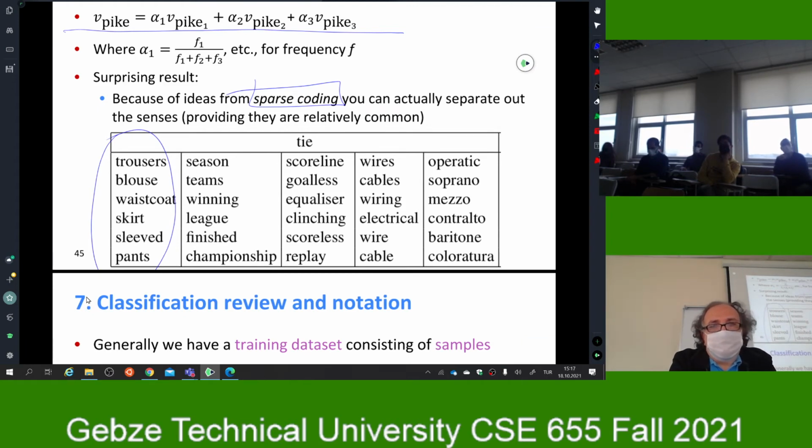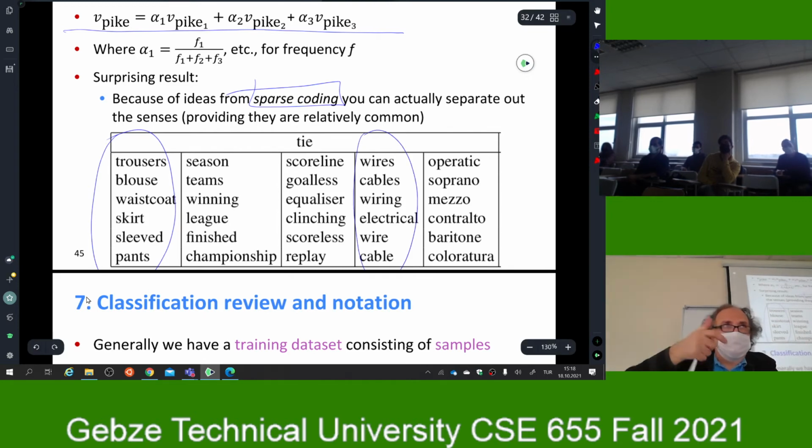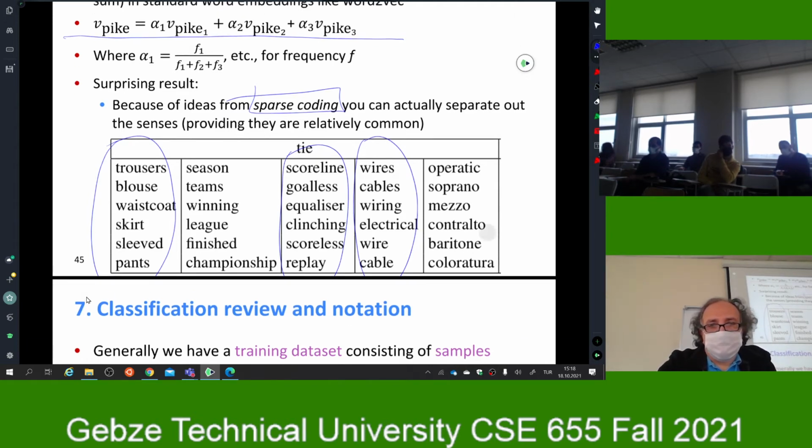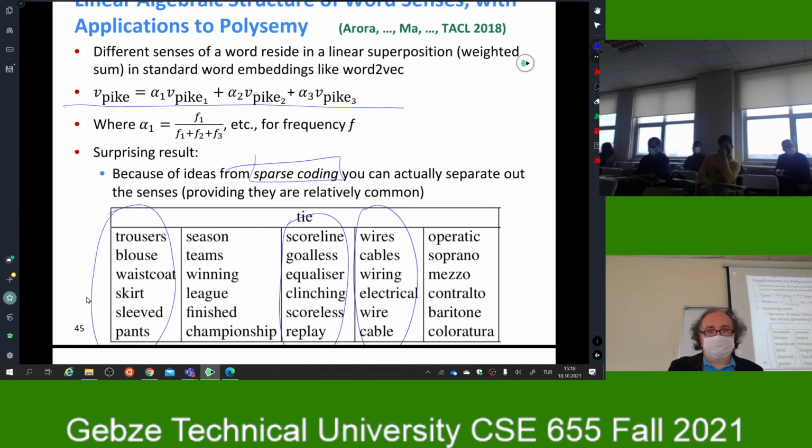Trouser, blouse, waistcoat, skirt, etc. There is another meaning about tie, which is about tying something, tying the wires, etc. Okay, another one is tied scores, a draw, right? It's this one. So these are all found automatically using this idea. Okay, good.